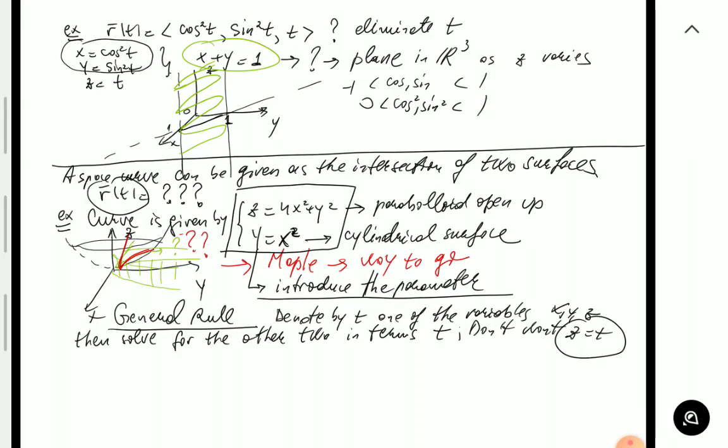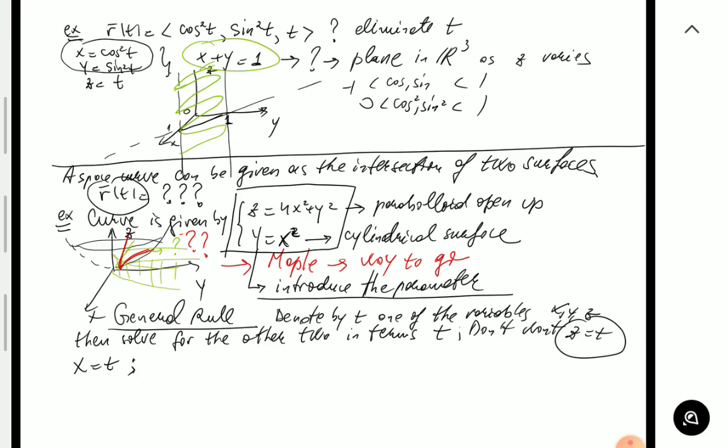So you don't want to choose z equals t because obviously it's going to make the algebra harder. The best way in this case is to choose, for example, x to be t, because the algebra is much easier in obtaining the other variables.